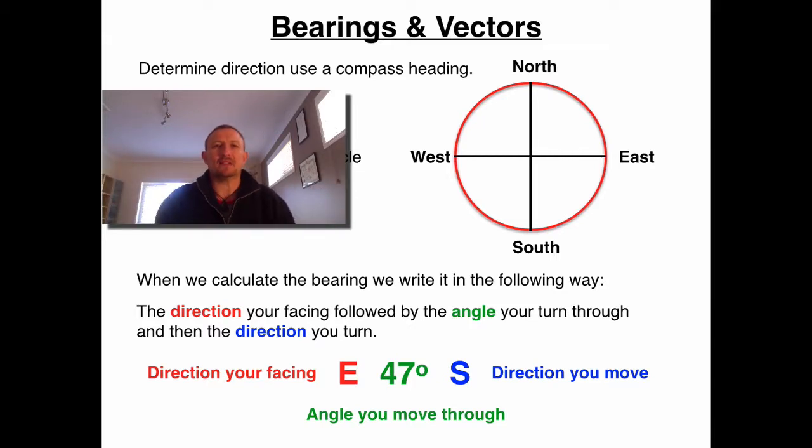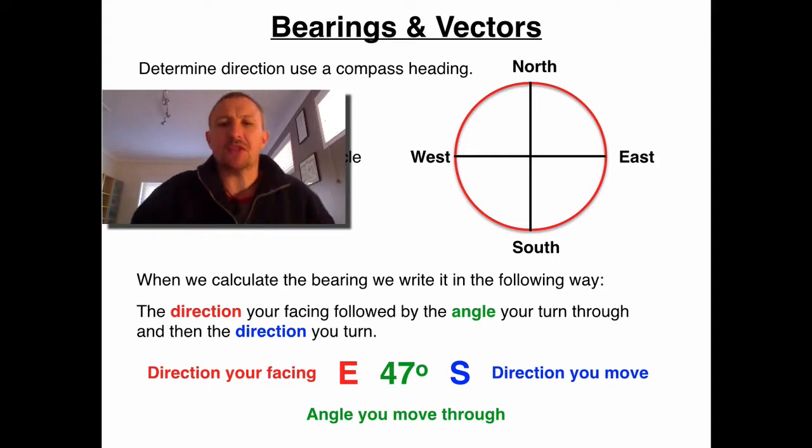My heading says turn 47 degrees in a southerly direction, so I must turn 47 degrees in a southerly direction. Now if I'm facing in this direction, I don't know how far I've got to go, but my displacement or my distance, or my speed, will tell me how far I've got to move. So that's how we'll write our directions when we're doing our bearings.